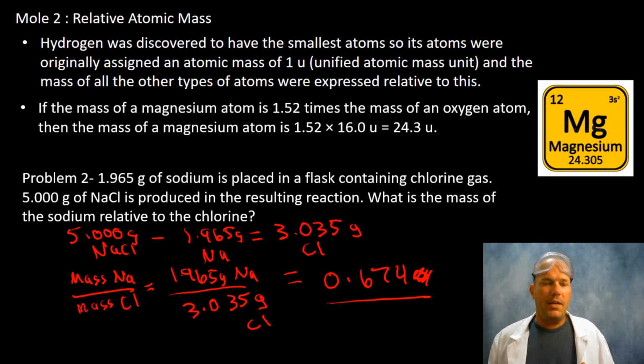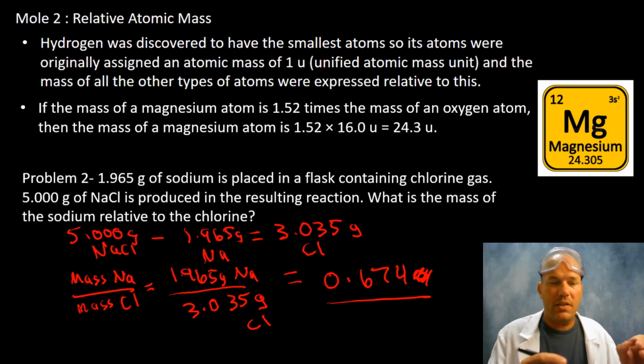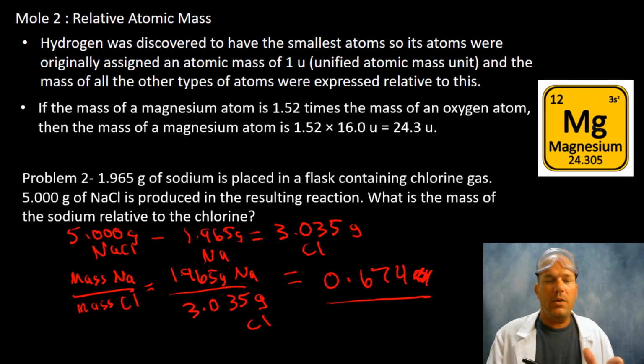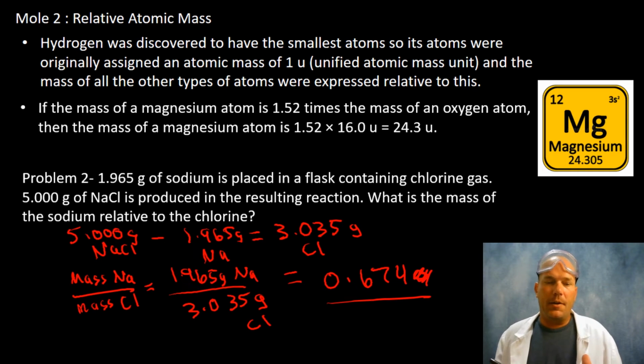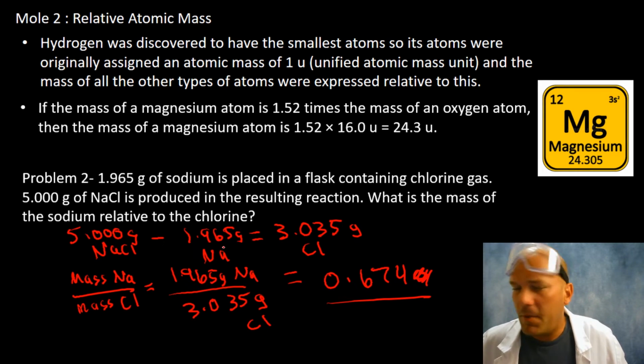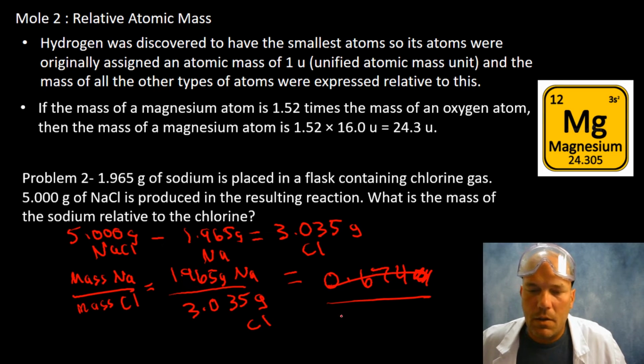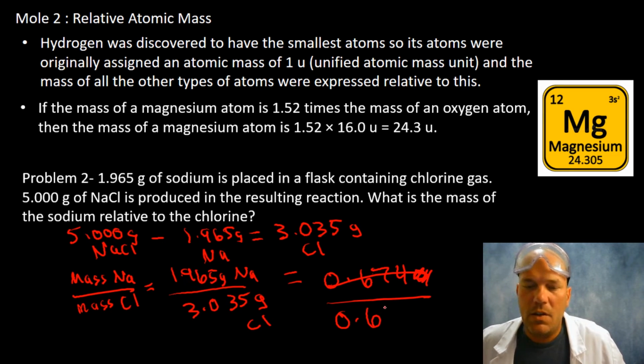So it's saying that the sodium is only 0.674. Again, notice I have those 3 digits past the decimal. Actually, for this one here, it would probably make sense to, let's see, 0.6474.